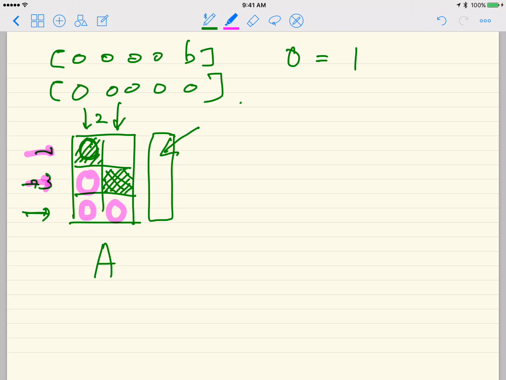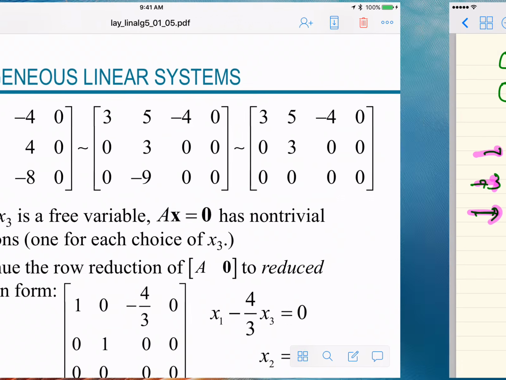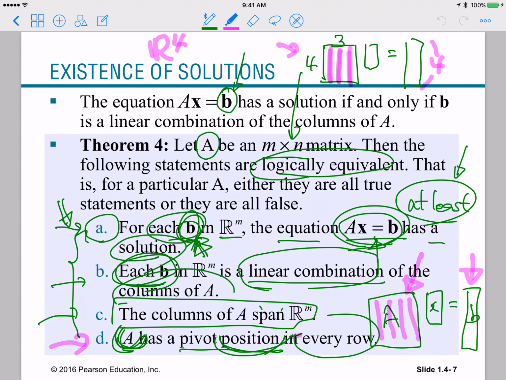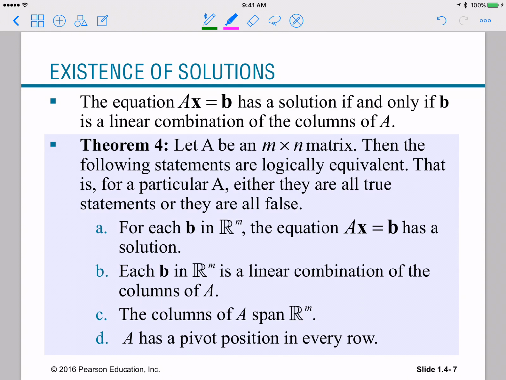So the first 2 rows had a pivot in the A part, but unfortunately the last row didn't have a pivot, right? In this case, it cannot satisfy the situation of theorem 4. So that means all the three are false as well.